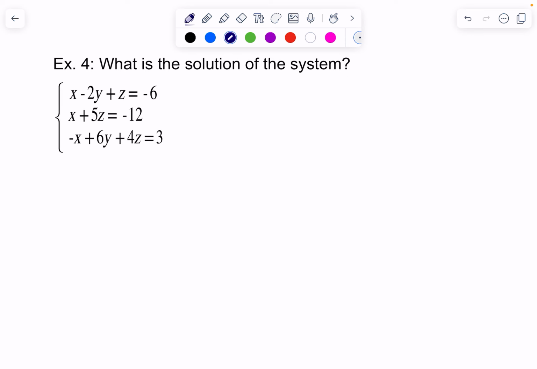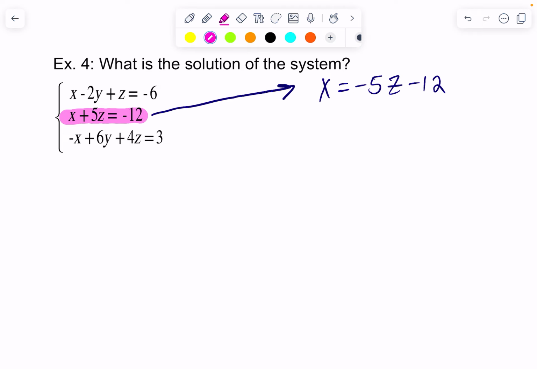Try substitution here. If you notice this second equation, I can go ahead and solve for x quite simply. So x equals negative 5z minus 12. Go ahead and plug that x into the x of the other two equations.